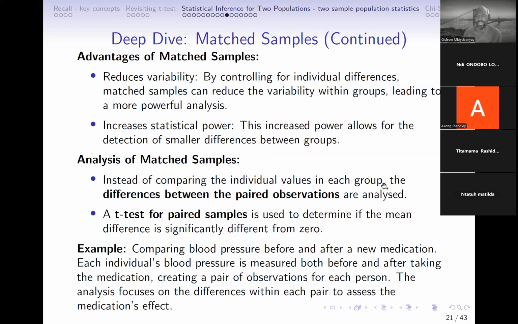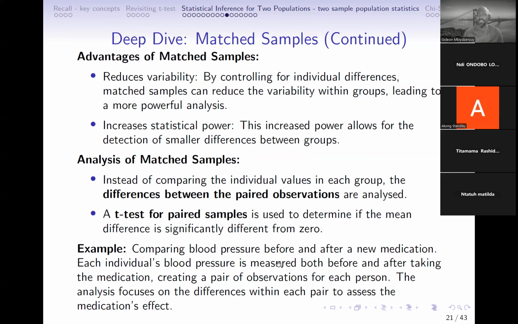So instead of comparing the individual groups, you look at their differences. You can then do a t-test for paired samples to determine if the mean difference is significantly different from zero.